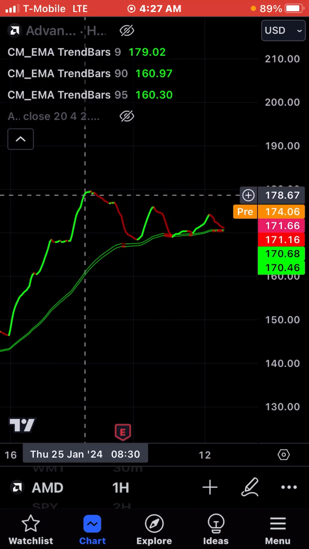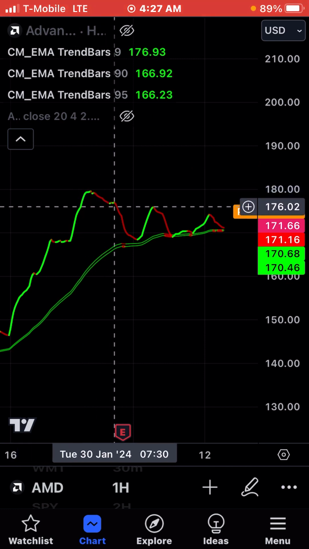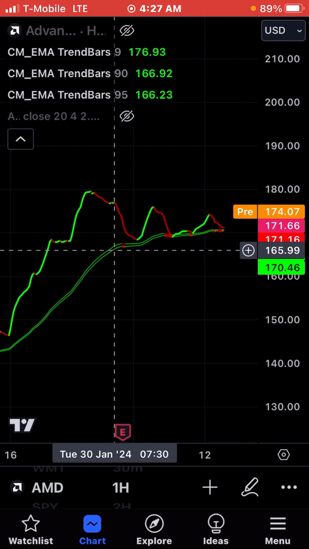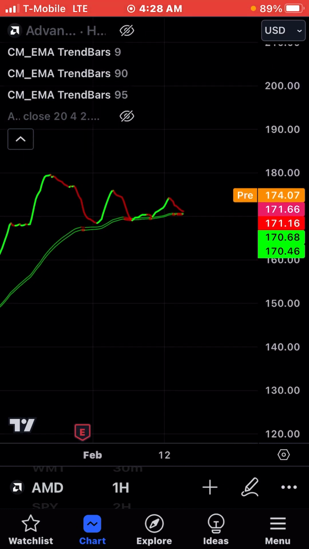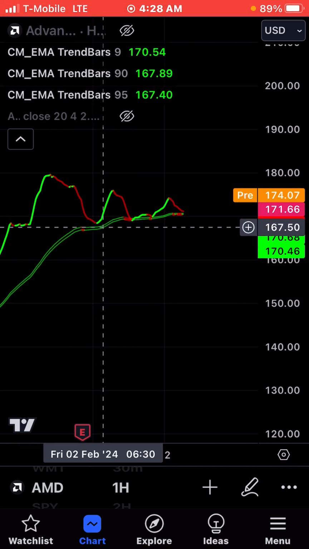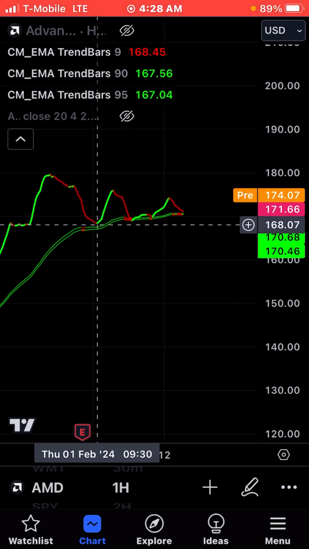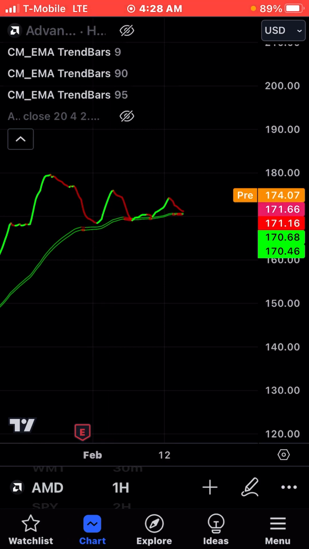For moments like right up here, it turns red, then it's briefly green again, and then it comes down. So it can fake you out sometimes, so you have to be cautious on these. There might be some fake outs, but you see it go red right here, and then you come in right here to here, and you can get some profit.